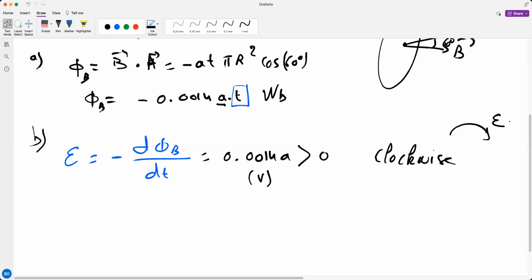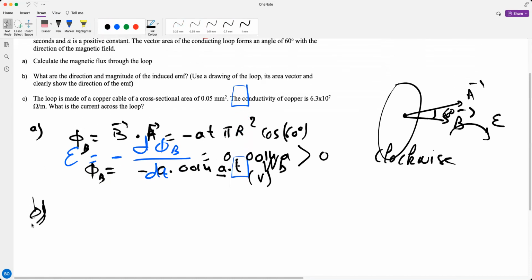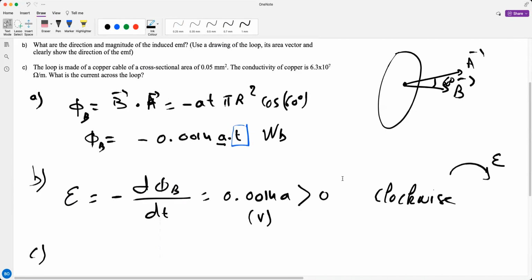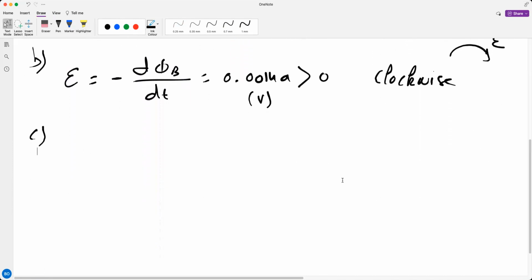And then the last question is, if the loop is made of a copper cable of cross-sectional area 0.05 square millimeters, and the conductivity of copper is given, what is the current across the loop?